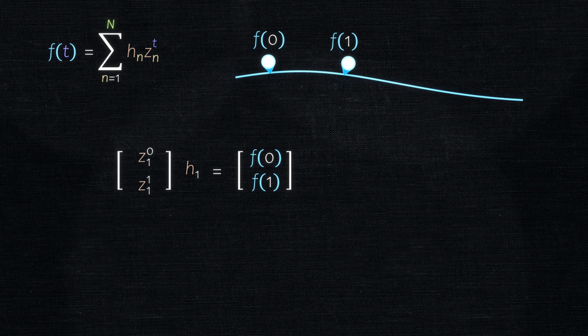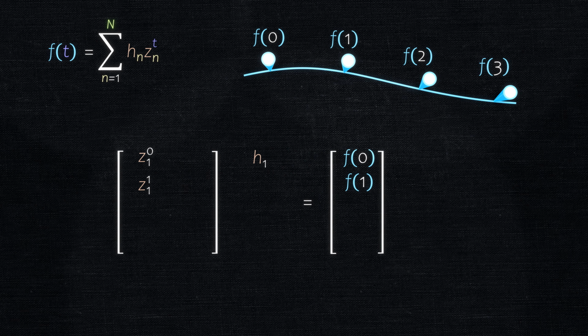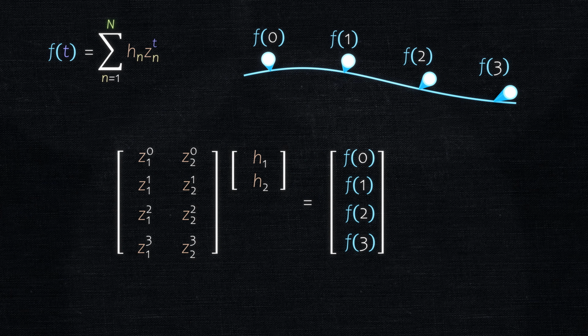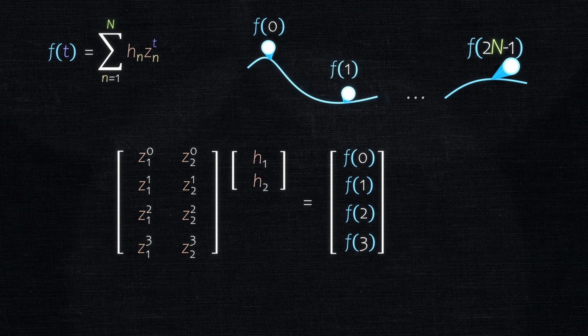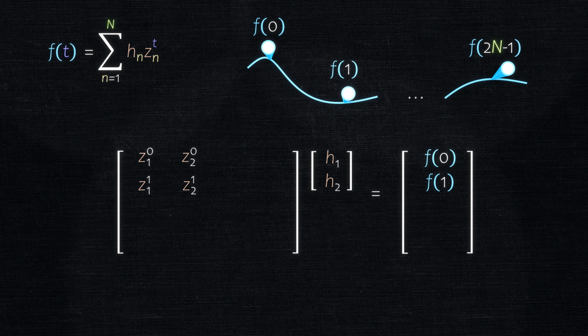This system is easily scaled in the following way. For 4 points, there will be one more column for z2, one more row for h2, and the power sequence of each z will contain 4 elements. For any even number of points, we get a system with 2n equations that yields 2n parameters for n exponential terms.